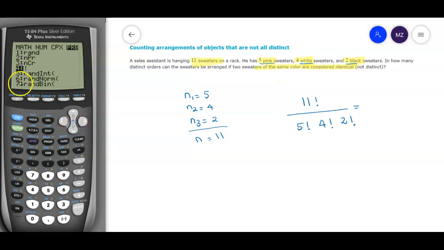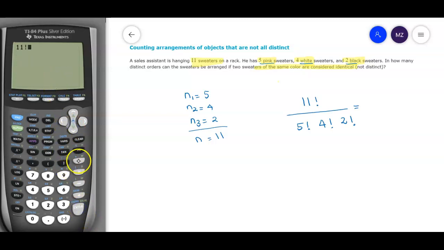So that's how you get to the factorial, all right? Now you need to type the number first, so let's try to type this. I'm going to type 11, and then I'm going to go math, and then I can go to probability through the left instead of right, so one step here, and then I'm going to go down to 4 and enter.